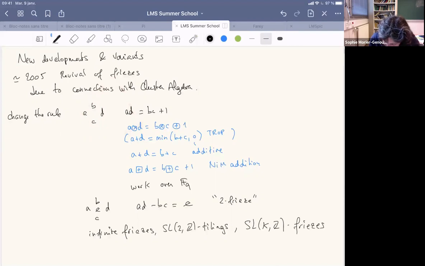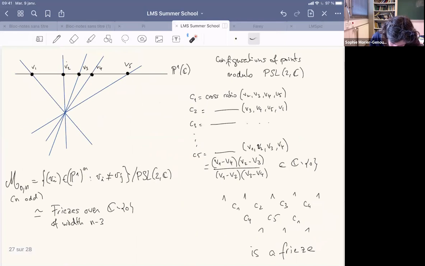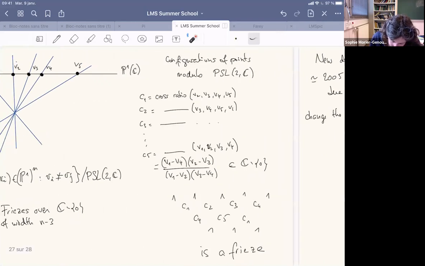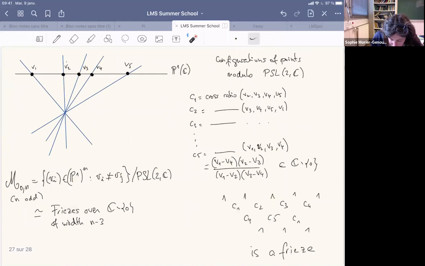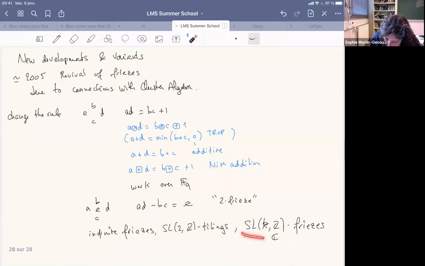And you can work over Z or over C. And this will give you the analog of the space, but in higher dimension. If you take P^(k-1) here, this will lead to the notion of SLk frieze.